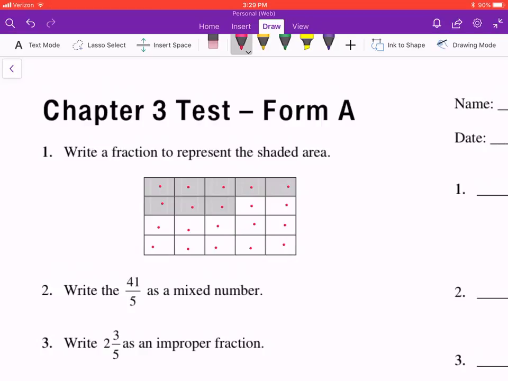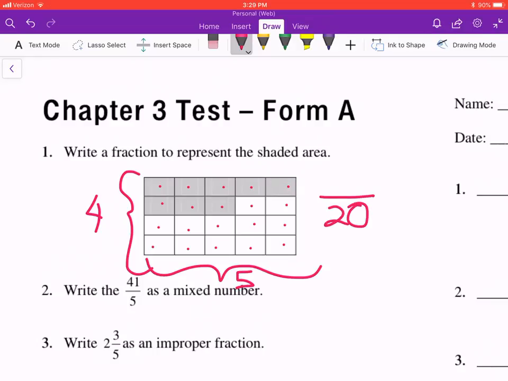We could also know, because we have a 4 by 5, that 5 times 4 is 20. So the total of our squares is 20, and the ones that are shaded are 1, 2, 3, 4, 5, 6, 7, 8. So this will be 8 divided by 20.